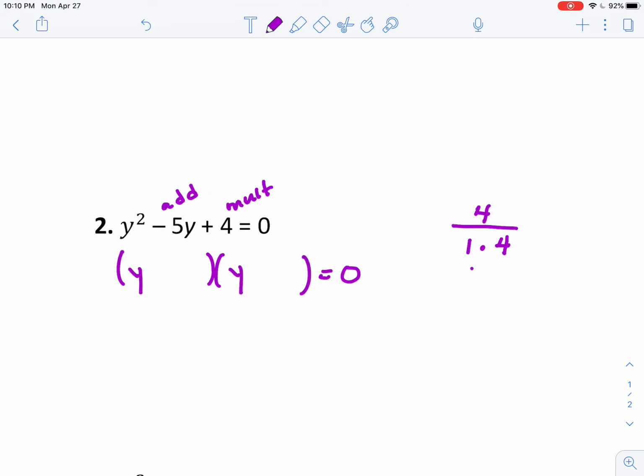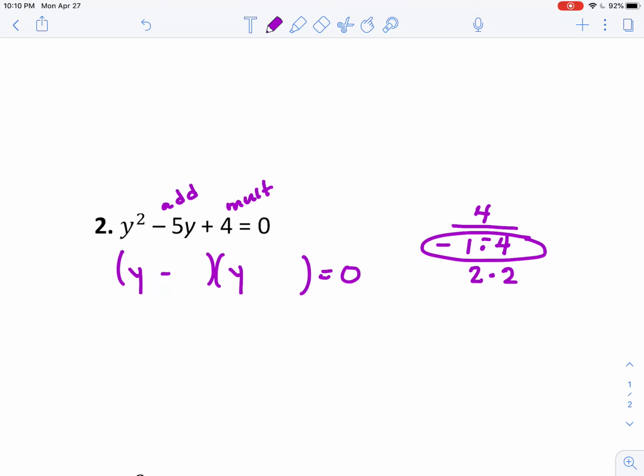4 has 2 sets of factors, 1 and 4, or 2 and 2. The pair that I can get to add to -5 is 1 and 4. And I can do that by making both of them negative. -1 times -4 is 4. -1 plus -4 is -5.